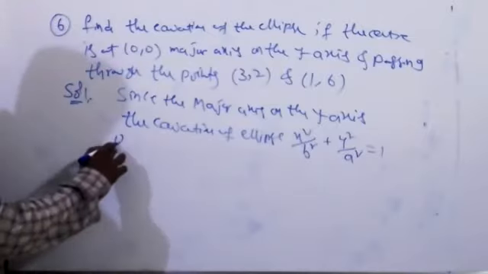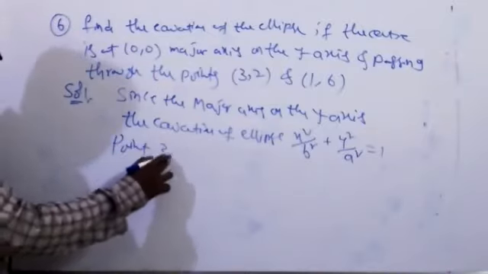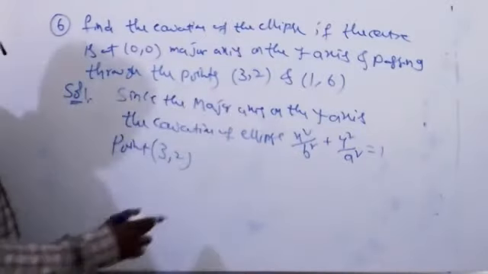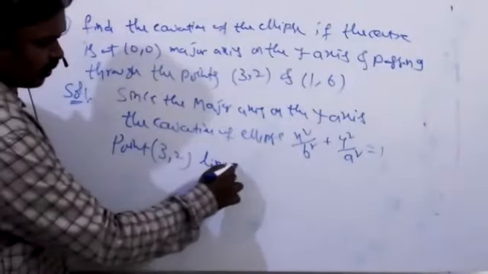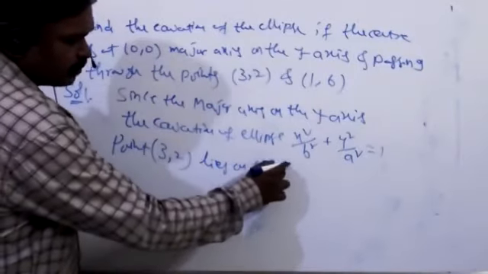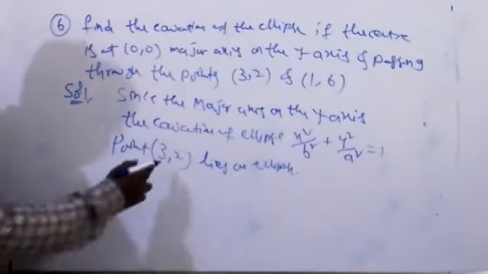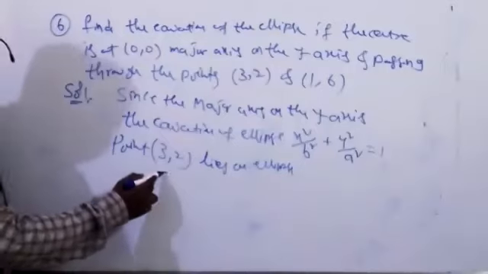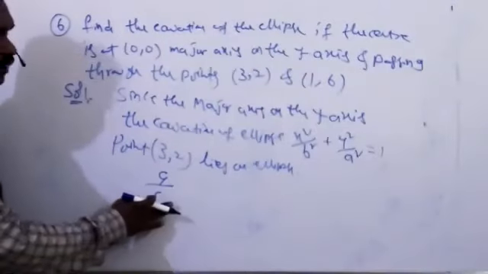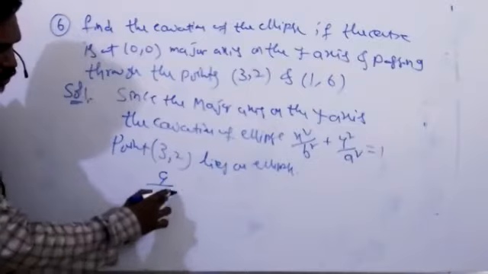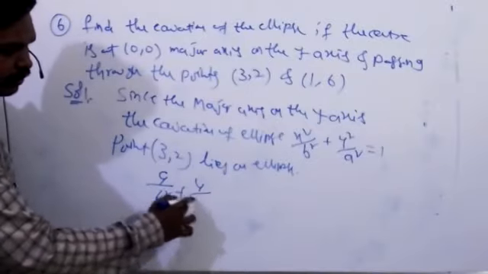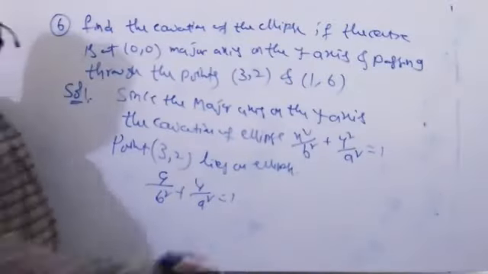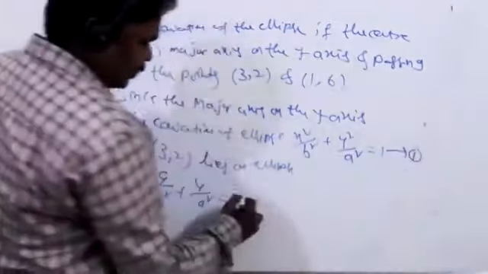Now point 3, 2 lies on the ellipse. Substituting 3, 2: 9 upon b square plus 4 upon a square is equal to 1. This is equation 1 and this is equation 2.